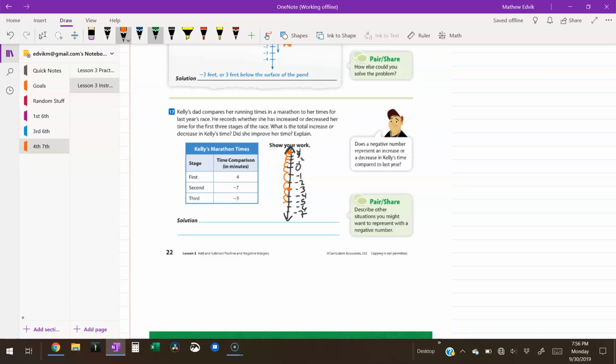So 1, 2, 3. And so by this number line, it looks like she would have ended at -6. So 6 minutes less than the previous race.